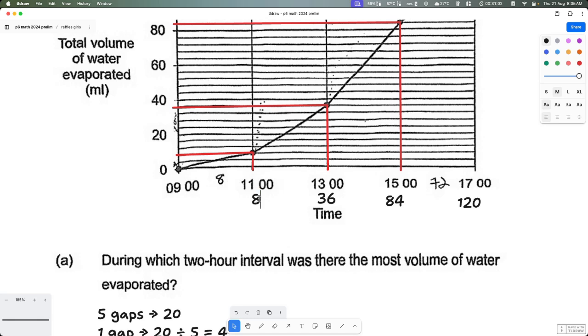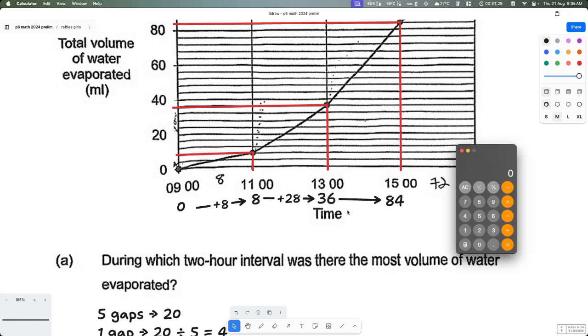Okay, so from 0 to 8, it evaporated 8. So 8 to 36 is plus 28. And then from 36 to 84, you just subtract the smaller number from the bigger number.